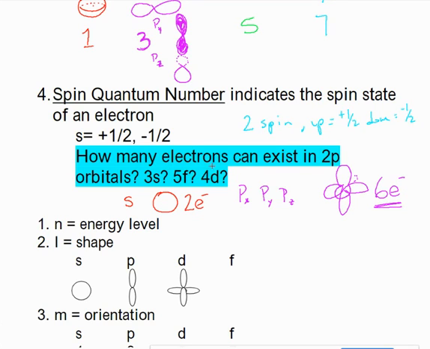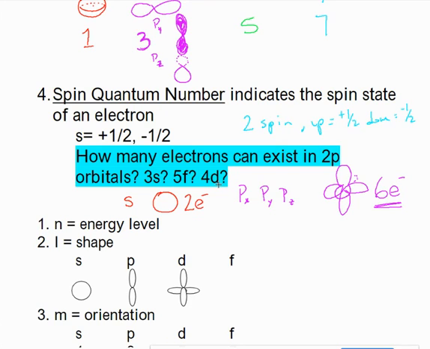And lastly, I did these out of order on purpose to kind of make you think. The d orbitals have 5 orientations, and every orientation holds 2 electrons. So the total number of any d orbitals is going to be 10 electrons.